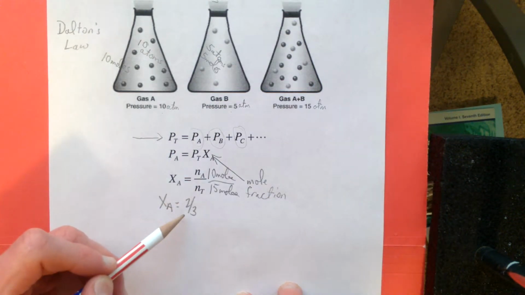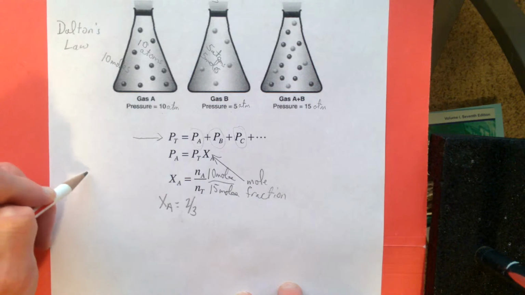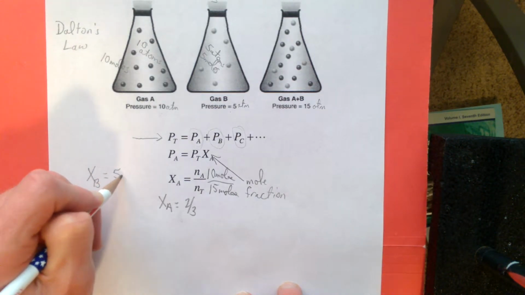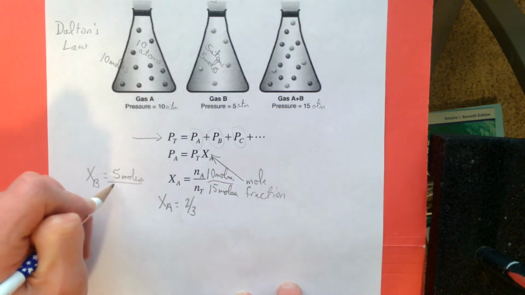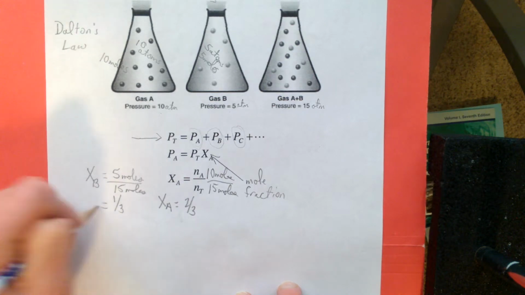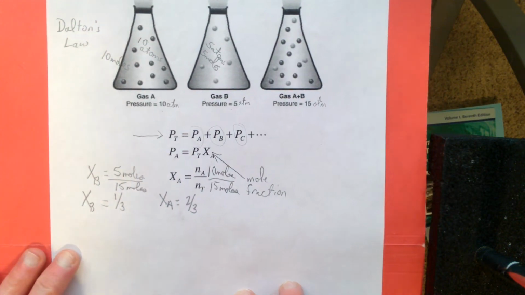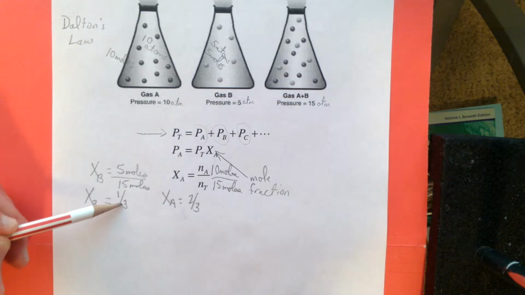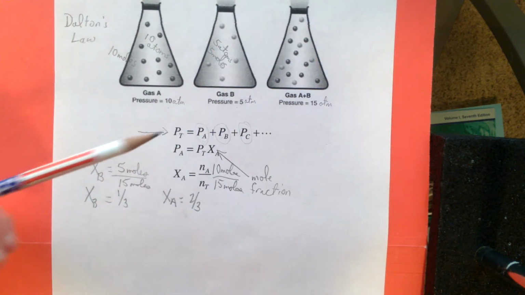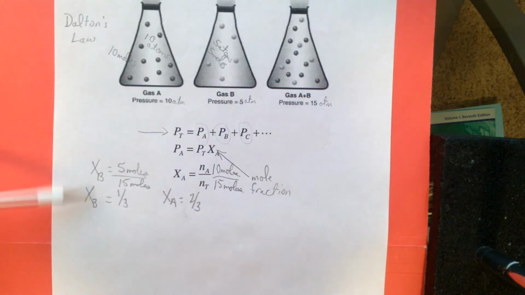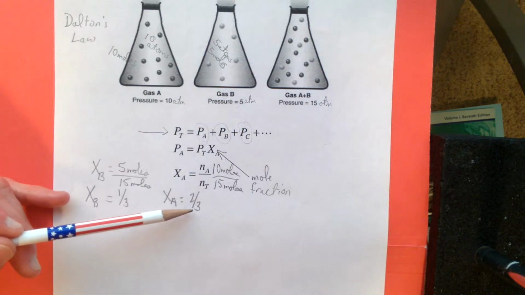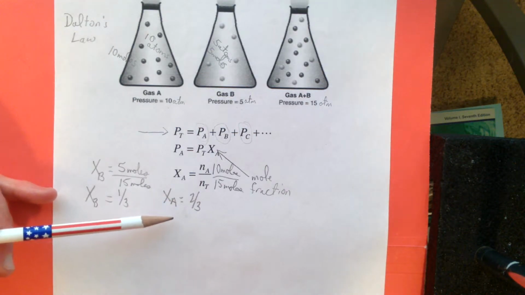Now there are no units on a mole fraction. If we were calculating the mole fraction for gas B, we would have 5 moles out of a total of 15 moles, so 1/3 is the mole fraction. What that represents is that 1/3 of all the moles in the gas mixture is gas B, and 2/3 of all the moles in the mixture is gas A.